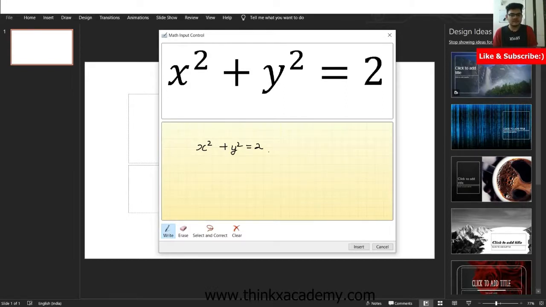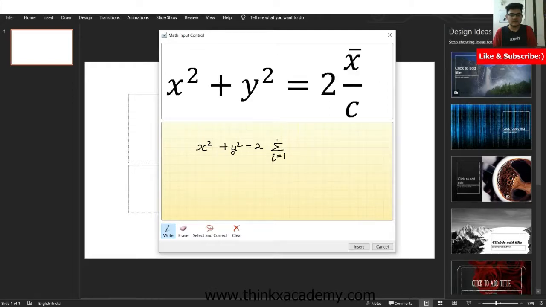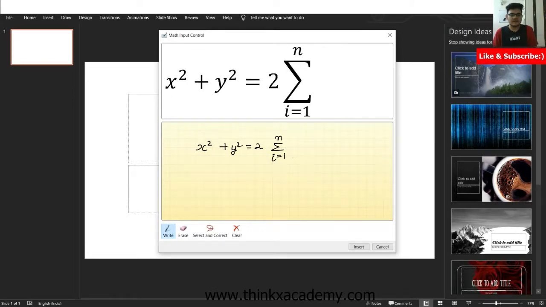There are some cases where it will go wrong. Let's say I write a summation sign and i equals 1 till n. It will be able to do that, but in some cases it fails to understand what I'm actually writing. Let's expand this equation.